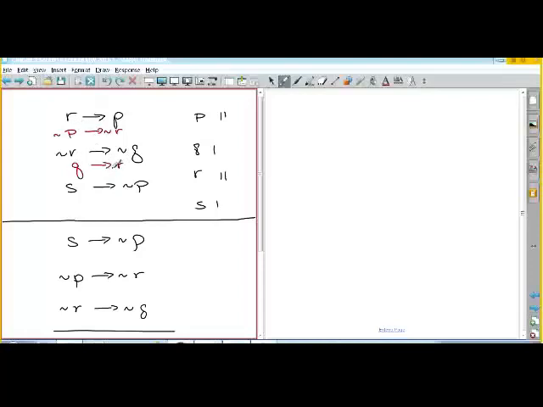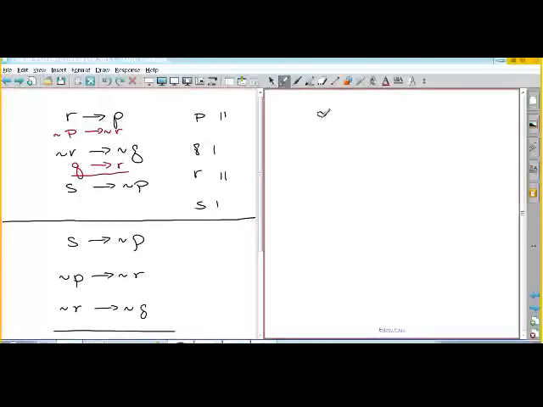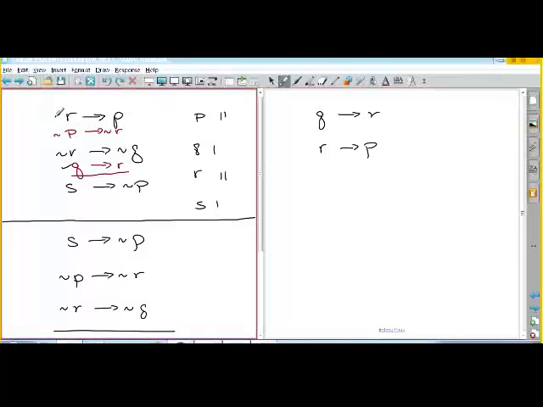Here I put the negations on, here I took the negations off. So I would use this as my first statement, which would be if Q, then R. And then I would say, oh, I already got the second part. I need something that has if R, then something, so I can cancel these out. So I've used this one, and I've used that one. The only one I have left is this.